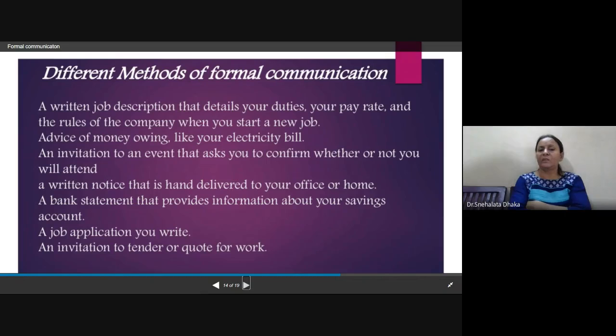So that is one of the very important examples of formal communication.